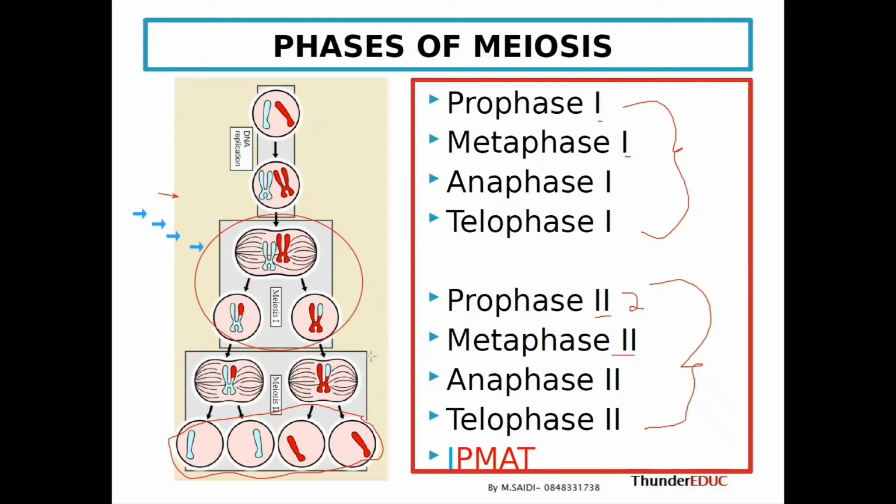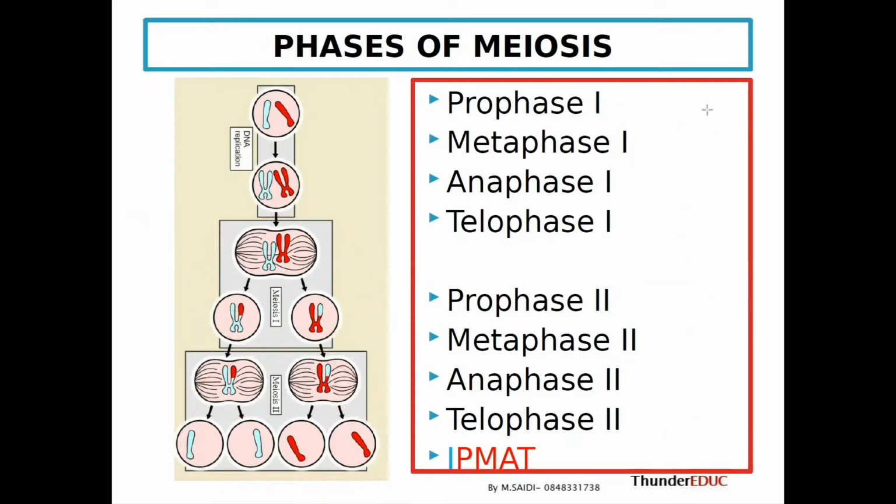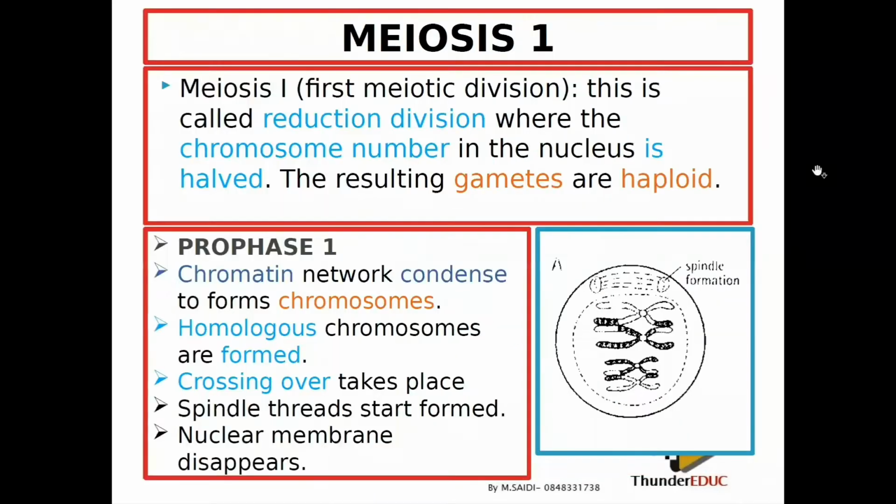And then we have meiosis 2 here. Okay, so this is meiosis 1, this is meiosis 2. You can see that at the end of meiosis 1, we have 2 daughter cells, but these 2 daughter cells continue dividing for meiosis 2, and meiosis 2 will end up having 4 daughter cells at the end of all this. Now we go on to the next slide.